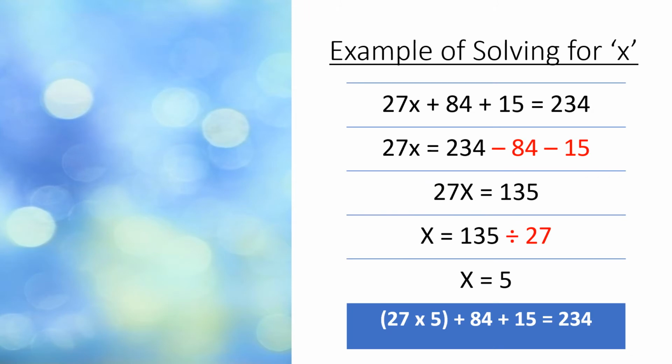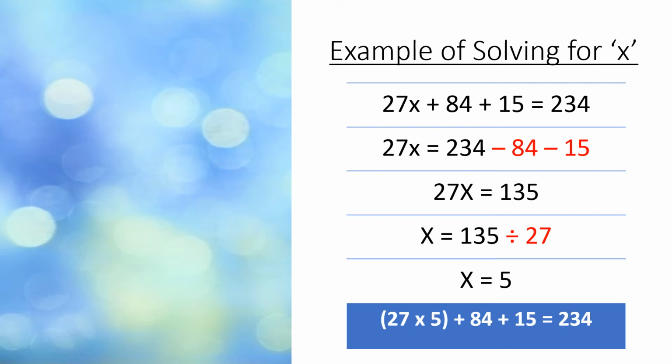Here's an example of solving for x. The linear equation is 27x plus 84 plus 15 equals 234. In order to solve for x, you must isolate x on the left-hand side of the equal sign so that everything on the right-hand side will be equal to x.